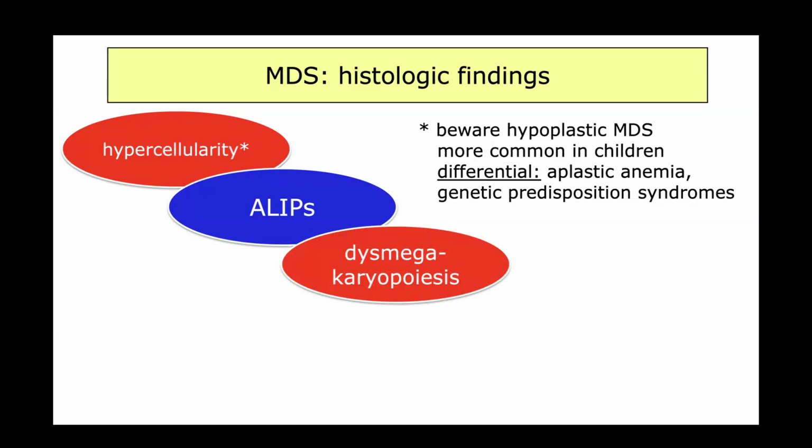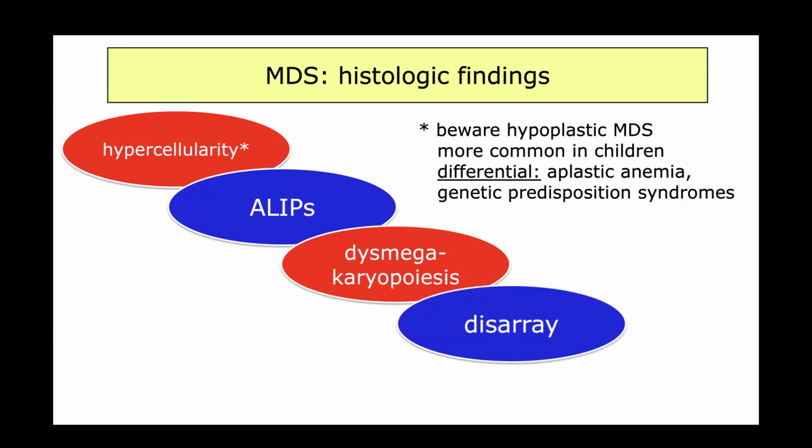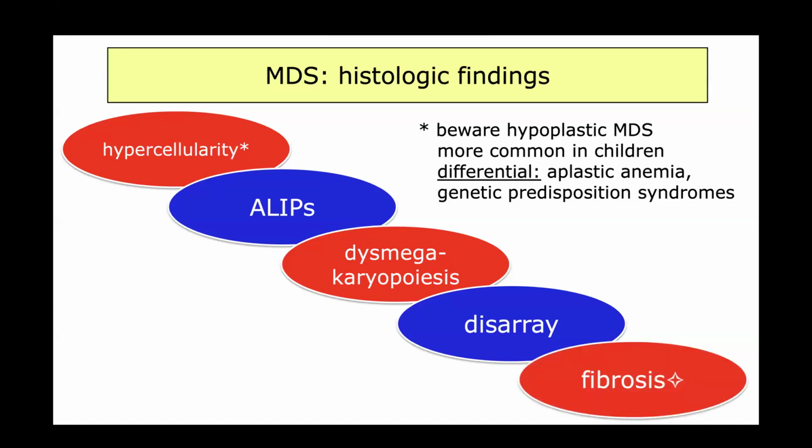Dysmegakaryopoiesis, of course, I think is generally much easier to appreciate on biopsies than on aspirates, whereas aspirates are more likely to be helpful in picking up dyserythropoiesis and dysgranulopoiesis. Architectural disarray, particularly disarray of erythroid islands, is an oft-repeated feature, difficult to quantify, difficult to determine objectively, but it can be done sometimes with immunohistochemical aids and some machine learning techniques, which is something we utilized recently in our laboratory.